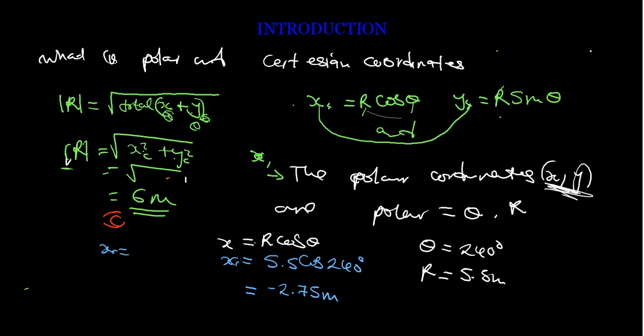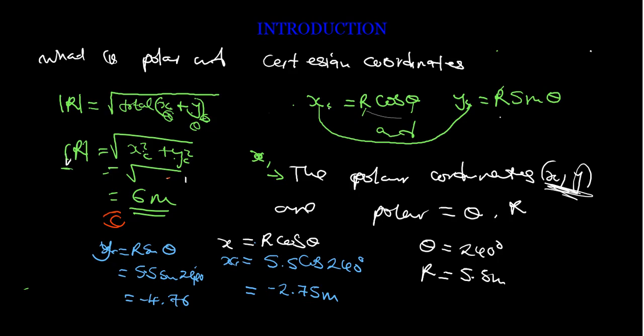Then for the y component, you punch the same thing, R sin theta. So this is y, by the way, the y component. Our R now is 5.5, then sin 240. So since this is sin 240, what would that be? When we punch that, it will give us negative 4.76. It's obvious that the vector was down.